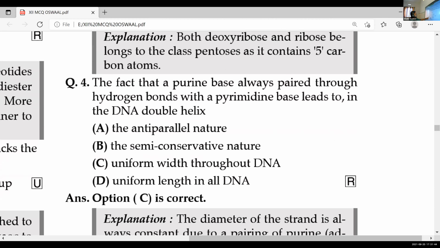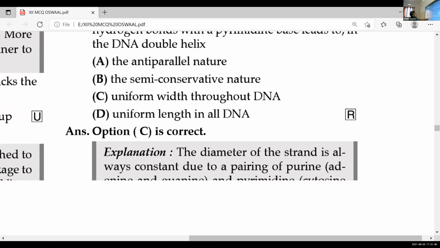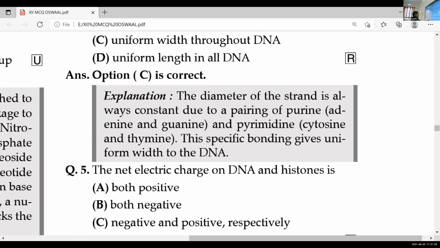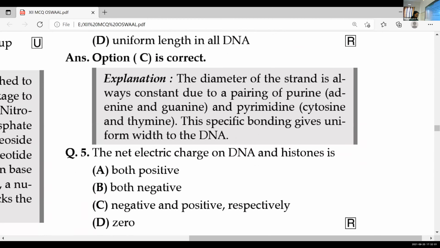Next one. The net electric charge on DNA and histones. You know what type of charge is present on DNA and histones? DNA, what type of molecule is it? Negatively charged.